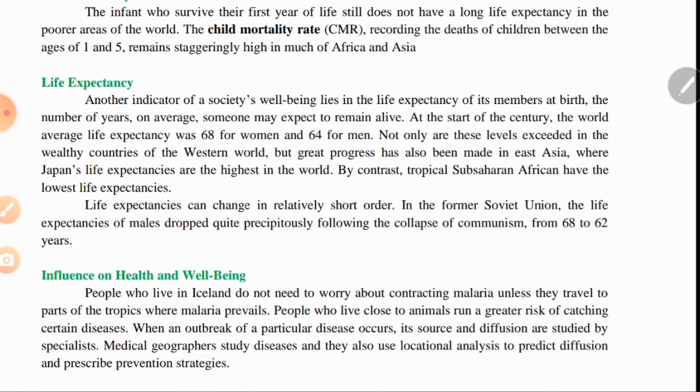In the former Soviet Union, the life expectancies of males dropped quite precipitously following the collapse of communism, from 68 to 62 years. And ayun naman ay sa male. Pero in the female life expectancy, from 74 to 72 years.